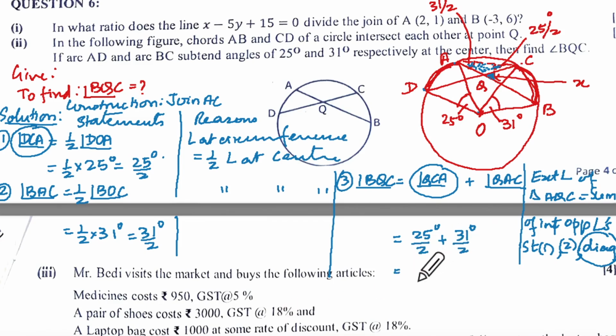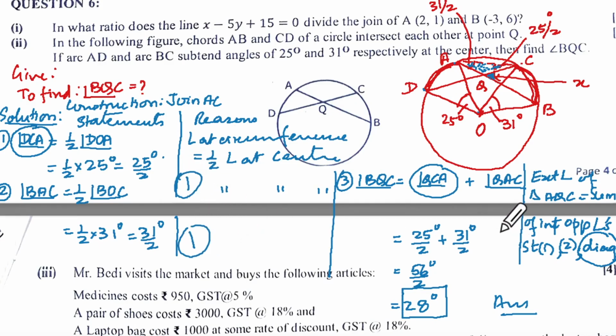Both of them have denominator 2, so I'll get 56 degrees upon 2, which is how much? 28 degrees. Now your question was angle BQC, so we got BQC, so no need to write the answer statement. Alright, so 1 mark here, 1 mark here, and 1 mark here. Okay, got it.